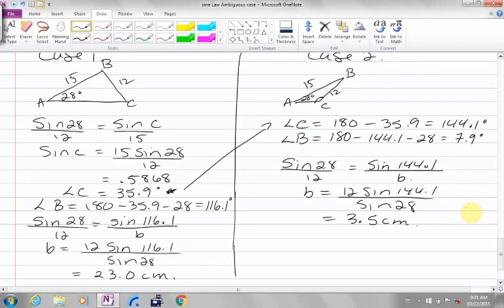Yes, Morgan? For finding the length of B, you have in case 2 sine 144.1 over B. Wouldn't it be sine 7.9 over B? Oh, yeah, it would be. Thank you. My mistake. Oh, see, there's why you should write it down.